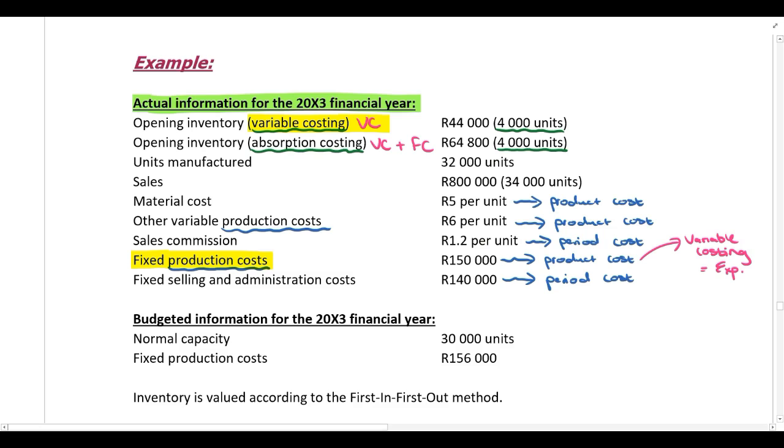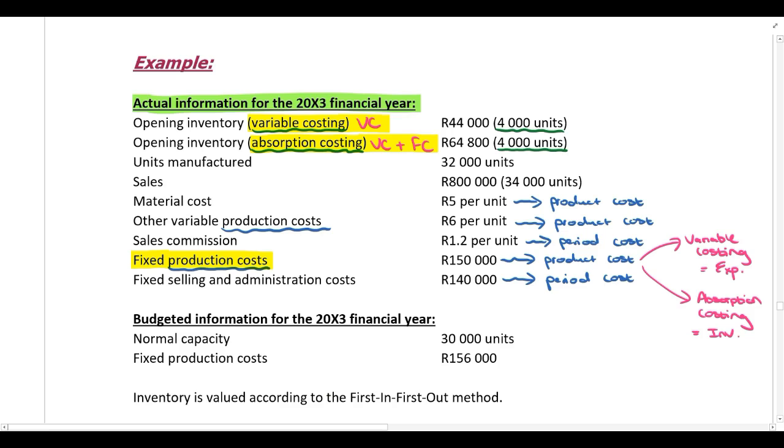However, if we are preparing a statement using absorption costing, then we include both our variable and our fixed production costs in the cost of inventory. So if we are using absorption costing, then this cost will be included in the cost of inventory.